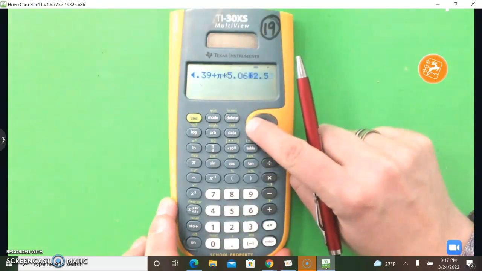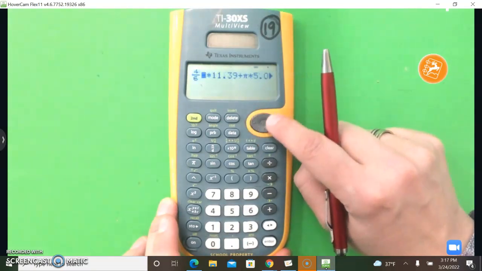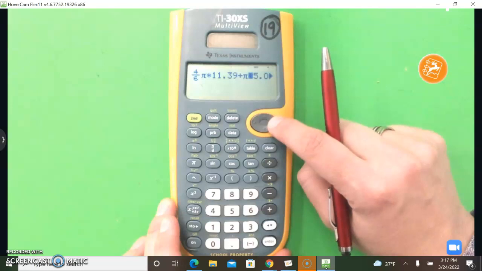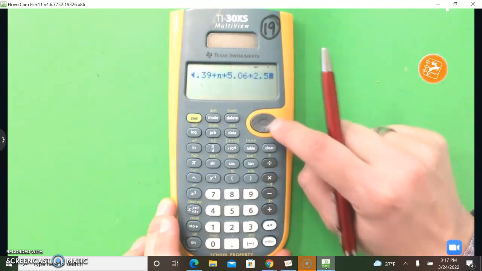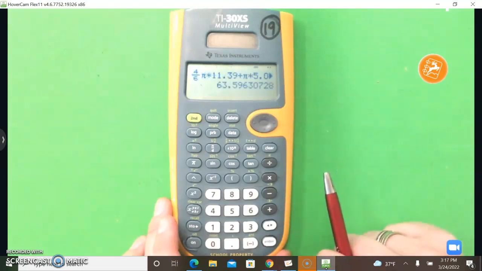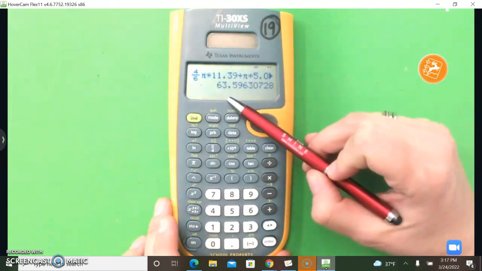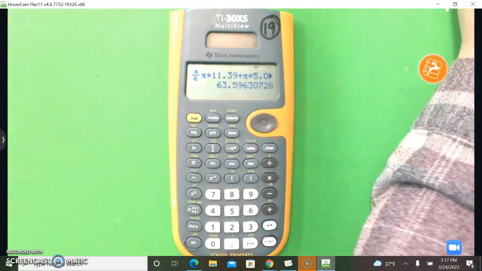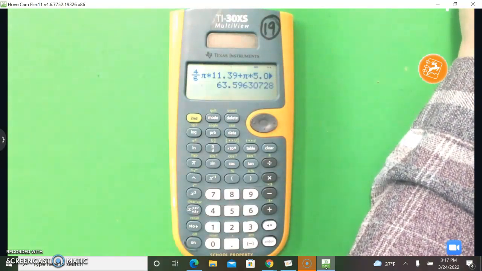So starting at the beginning, I did 4/6 times pi times 11.39 plus pi times 5.06 times 2.5. And I'm going to get 63.596, which is going to tell me to round up. So I'll have 63.60.